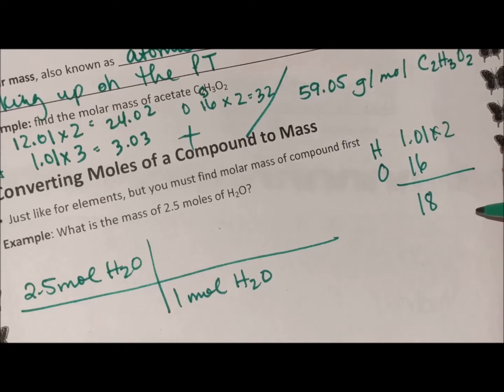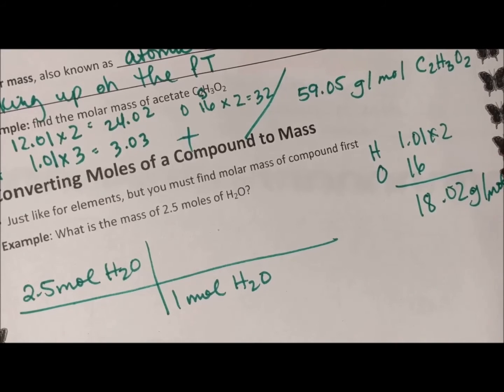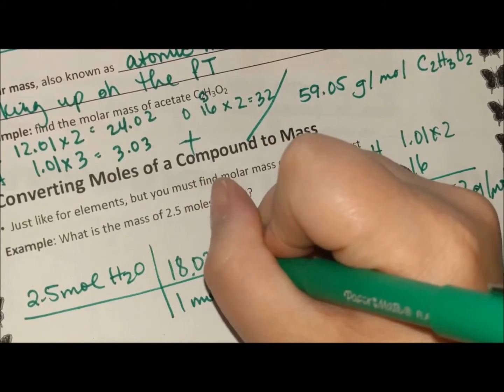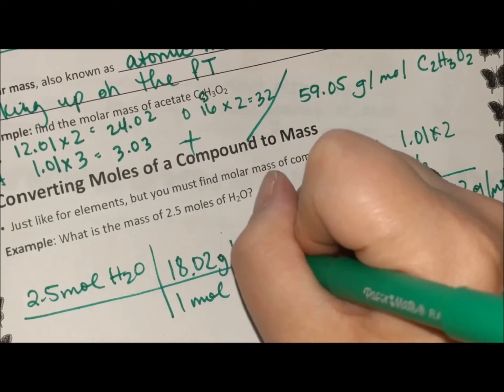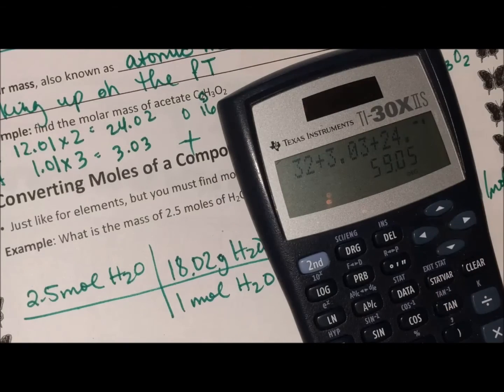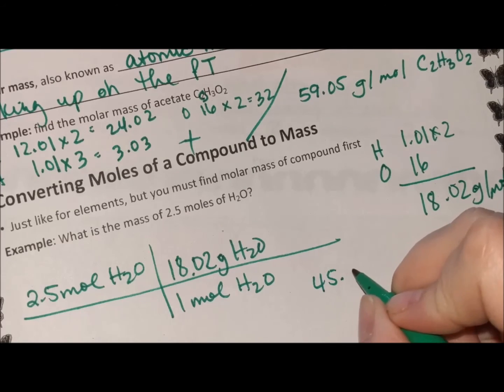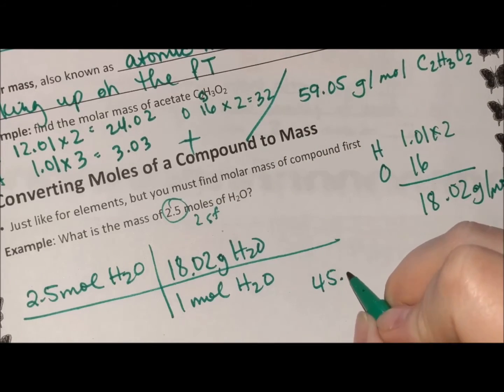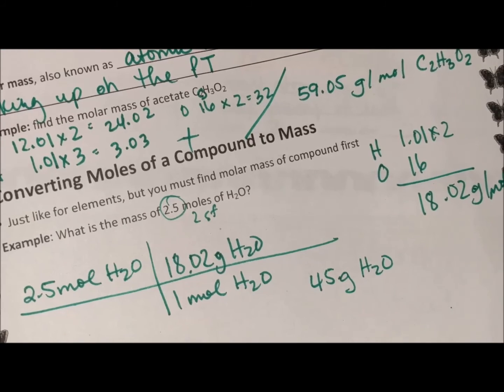So 18.02 grams per mole is the mass of water. So then I'm just going to multiply. 45 point, and I'm just going to leave it at 45 because there's 2 sig figs. 45 grams of water.